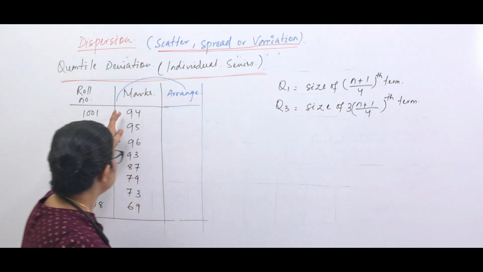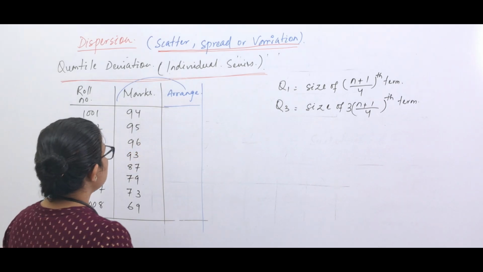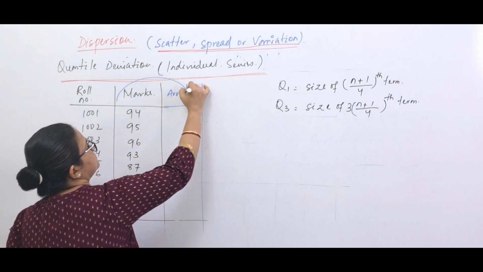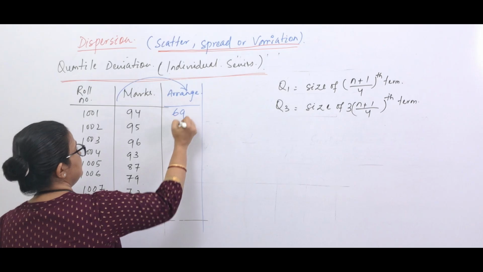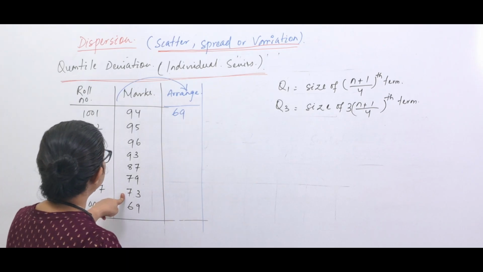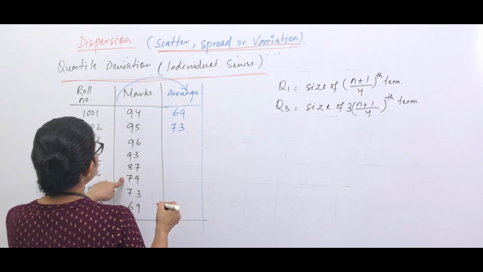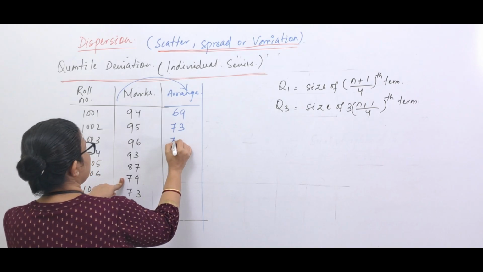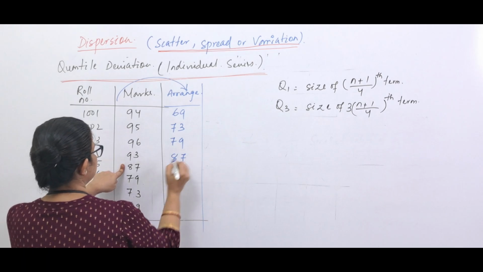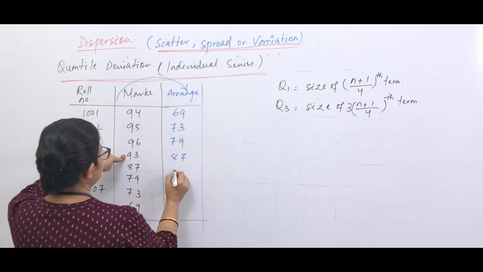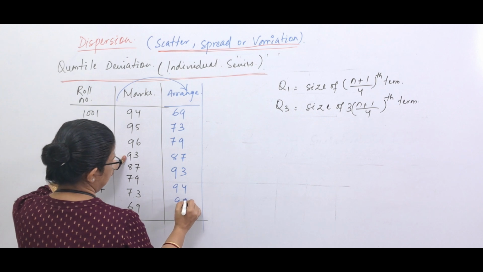The series is not arranged, so let us arrange it. 59, then 69, then 73, then 79, then 87, then 93, 94, 95, 90.